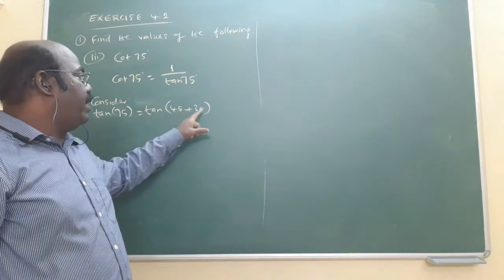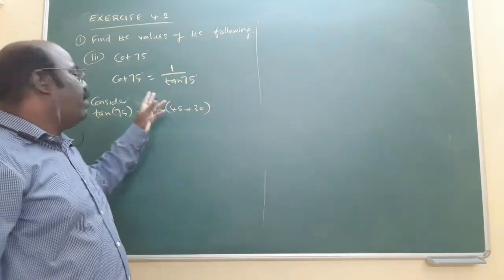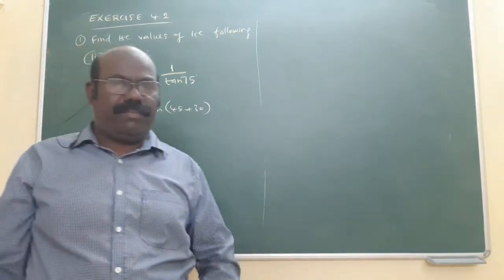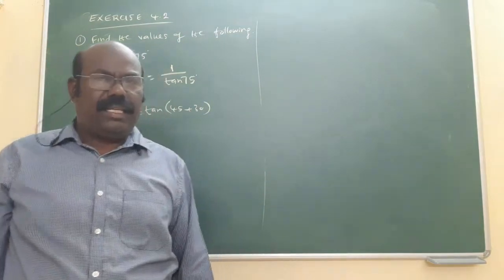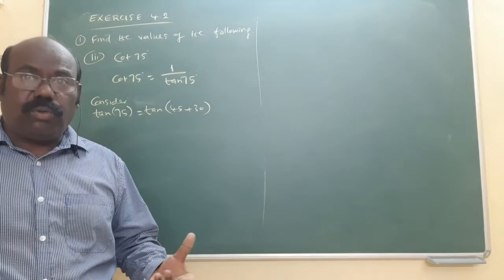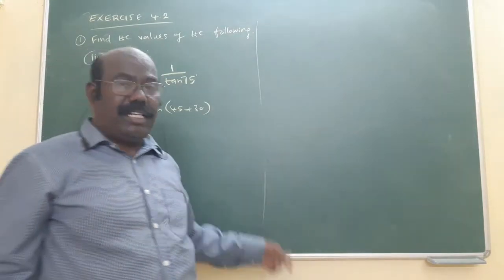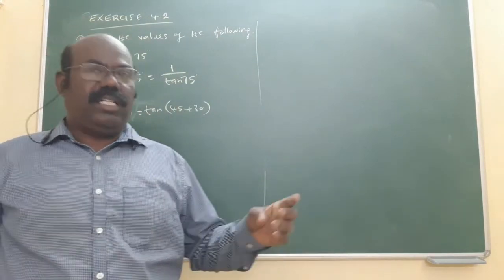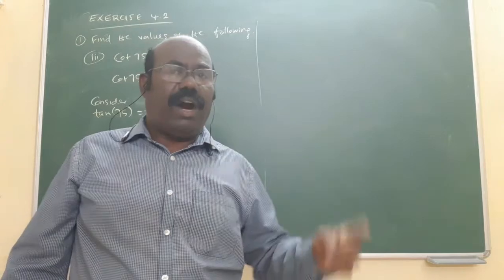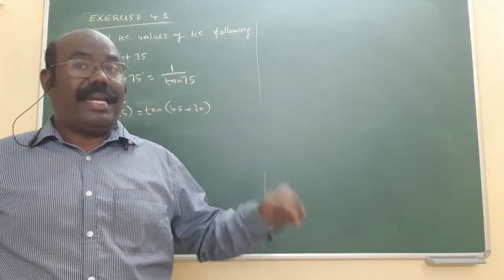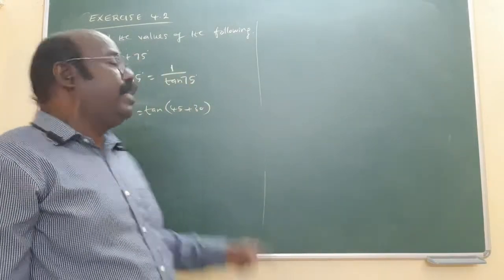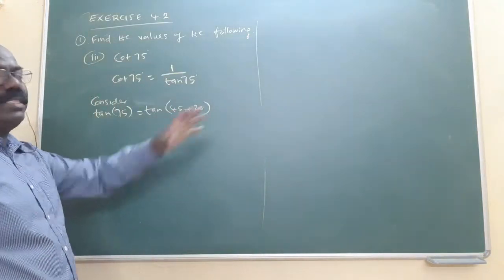Suppose 75 is written as 70 plus 5, 72 plus 3, or 50 plus 25, no use. In the trigonometry table, we know the values only for 0, 30, 45, 60, 90 degrees. That's why we write it in terms of the angles 45 plus 30 degrees.